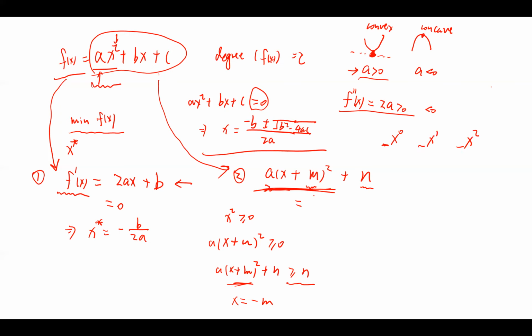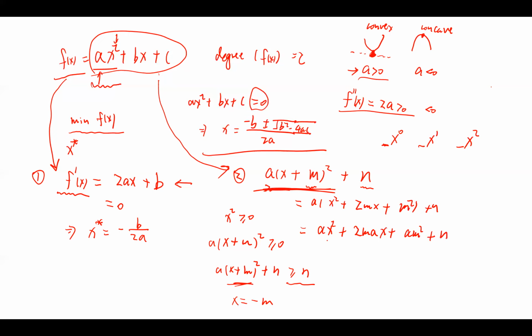So let's do a bit of exercise by just taking the expression of this square term, and let me expand it again. So ax squared plus 2max plus am squared plus n. So this is what I have.